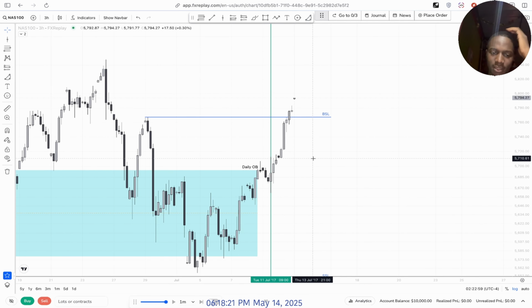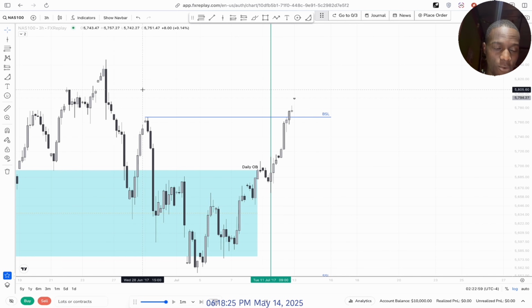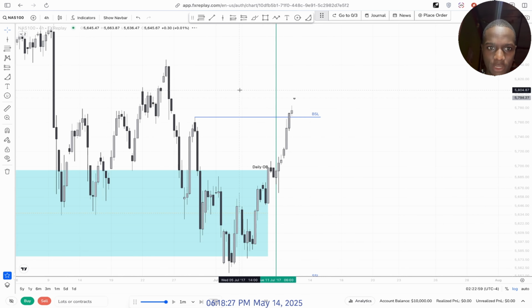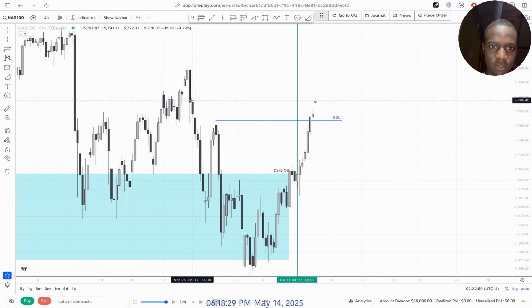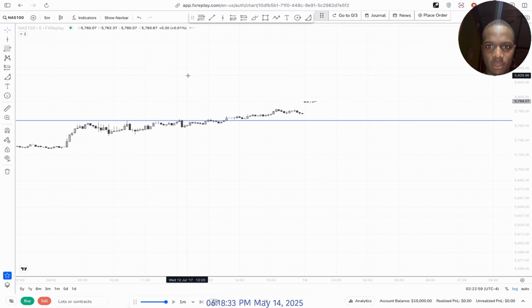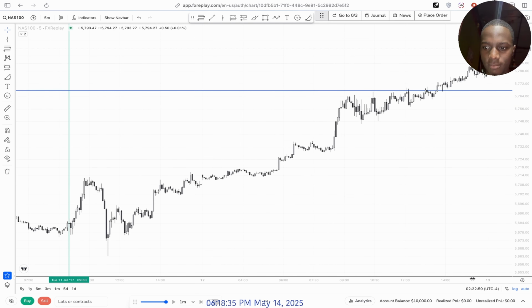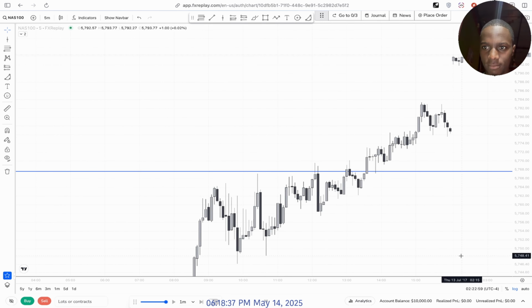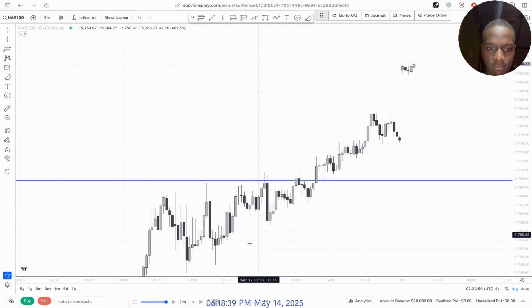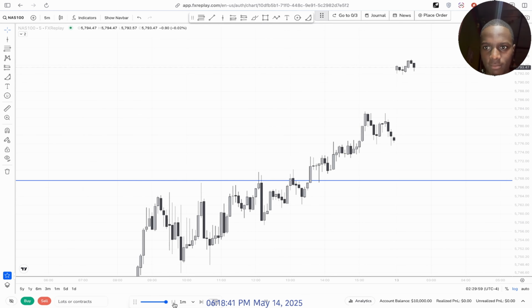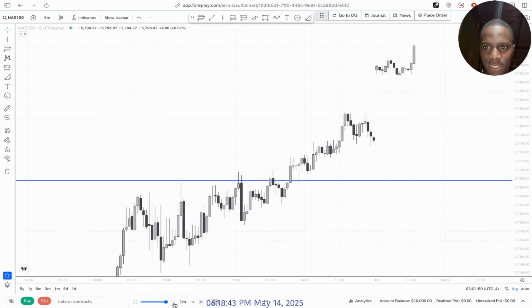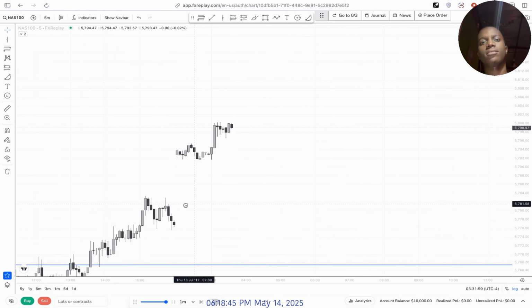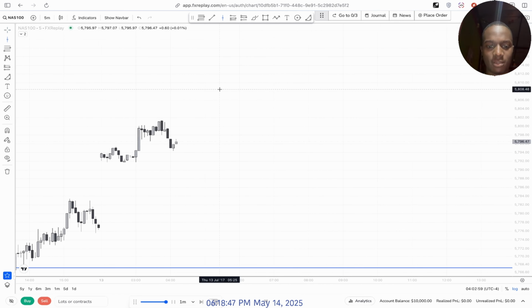Okay, so we just make sure to figure out the one that is in play beforehand for our fair value gap. 5 minutes. Got a volume imbalance at the open. Let's wait for 9:30 then.